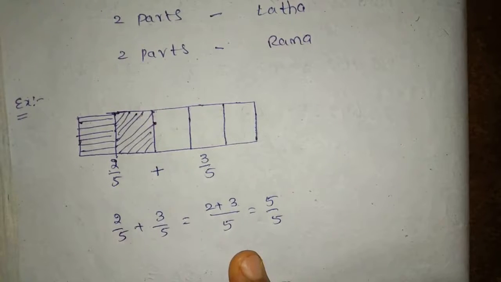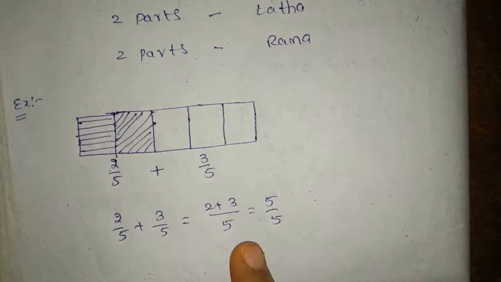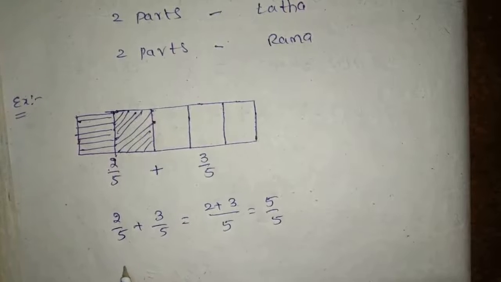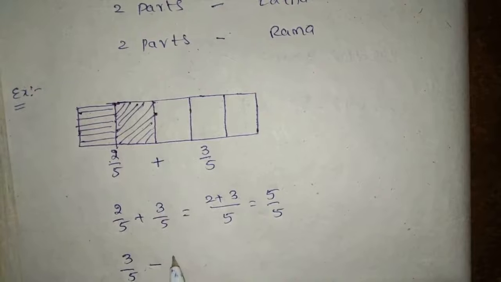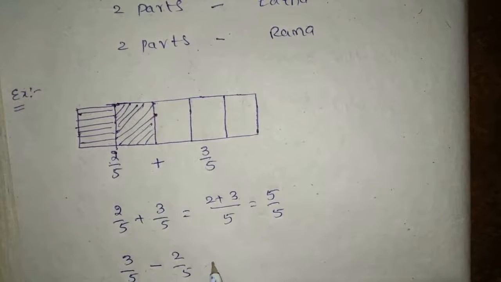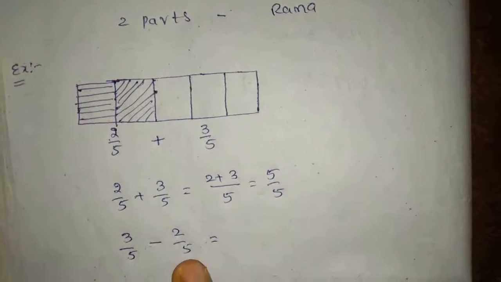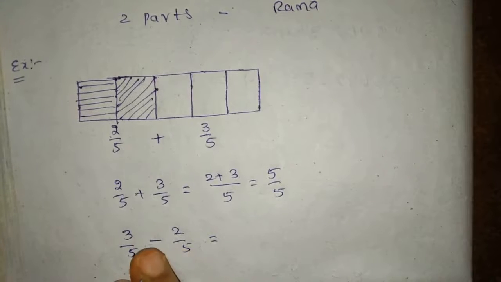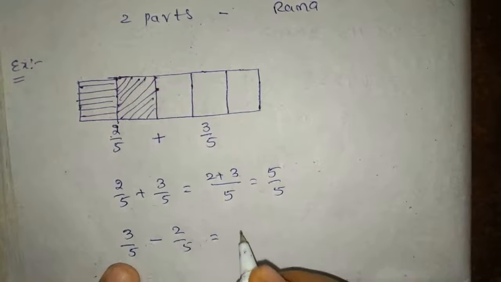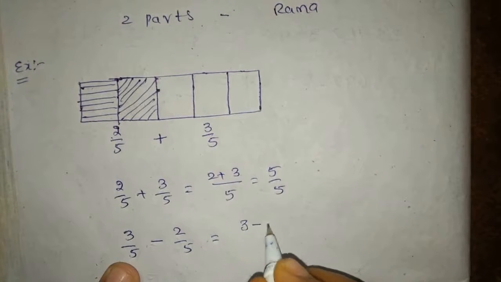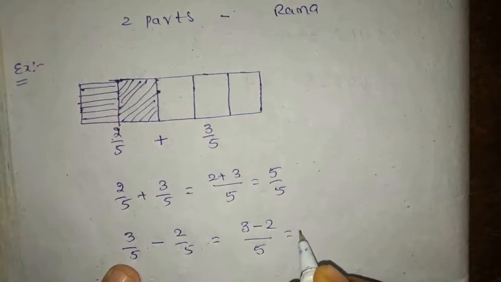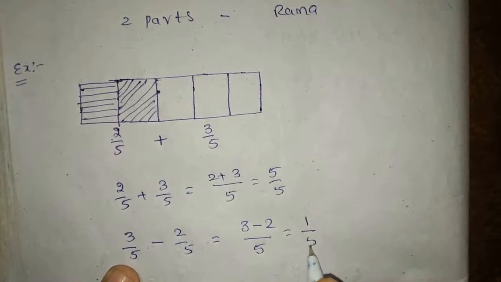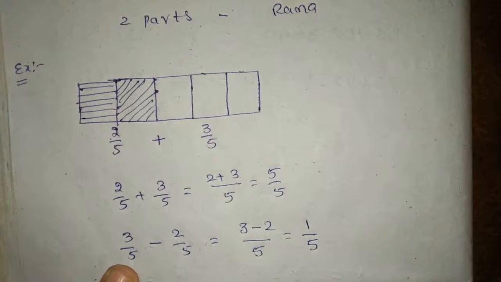Even when we subtract the fractions, here 3 by 5 minus 2 by 5. Here the two denominators are equal, so we subtract the numerators, 3 minus 2, keeping the same denominator. 3 minus 2 is 1, denominator is 5.